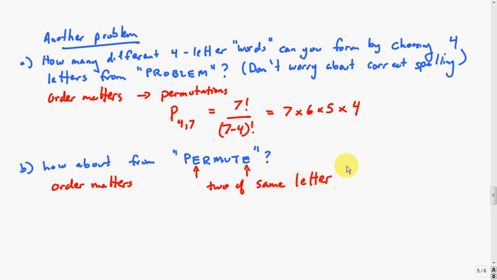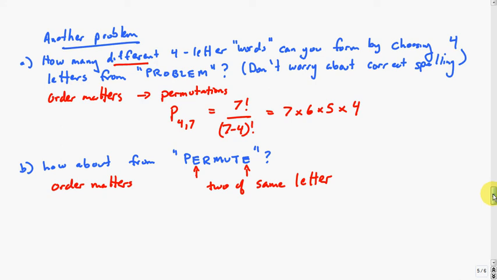And we're really interested in different words. How many different 4-letter words was part of the question. So if I choose P-E-R-M, it doesn't matter whether I choose P the first E-R-M or P the second E-R-M. It's the same word. So we can't count those ones twice. So this is a little bit trickier.